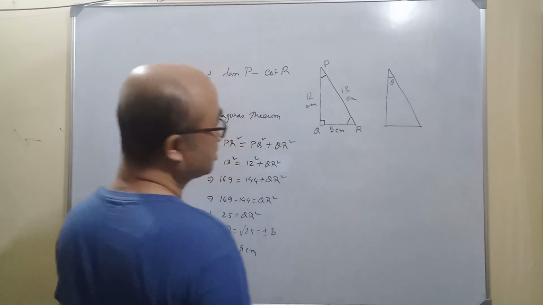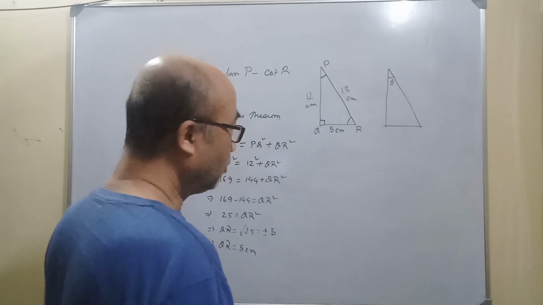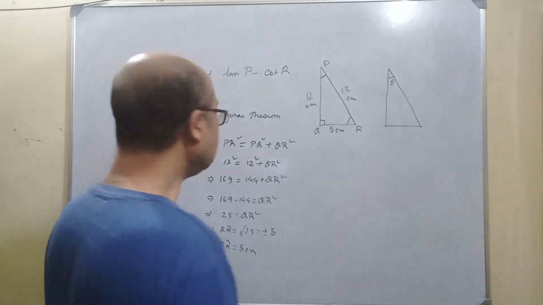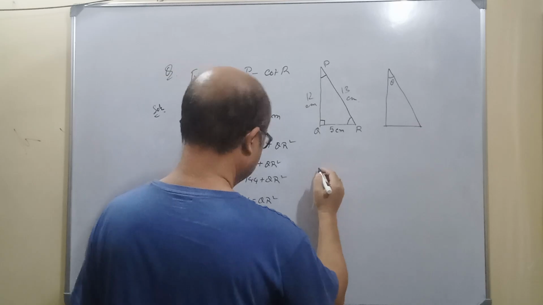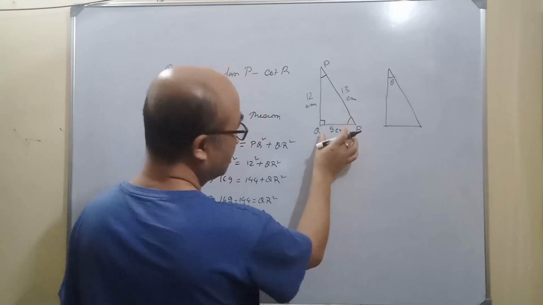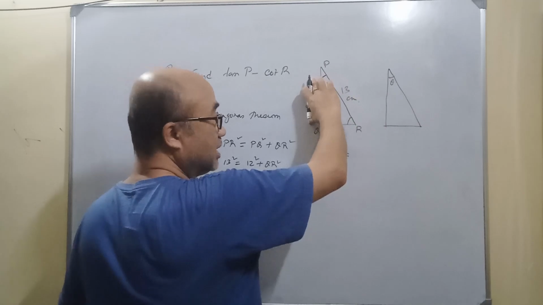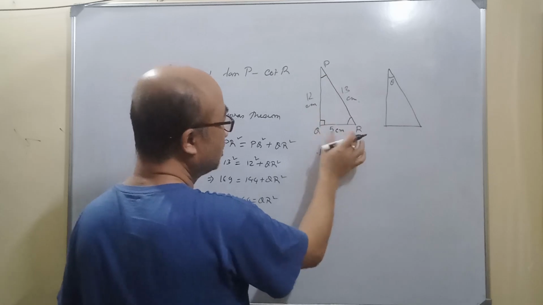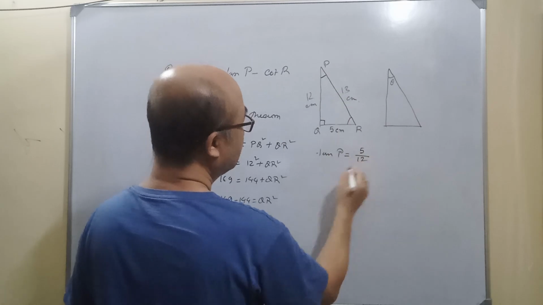Now you see we have the values of all the sides of this triangle, so we can find any trigonometric ratio. What is tan P now? This side is the opposite side and this side is the adjacent, or base, side: QR by PQ. QR is 5, PQ is 12.